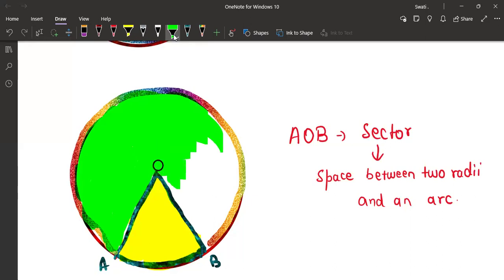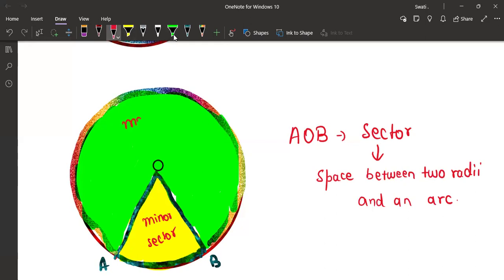So this is also called a sector, but to differentiate it, we will name these the minor sector and the major sector. The yellow one is called the minor sector, and the green one is called the major sector.